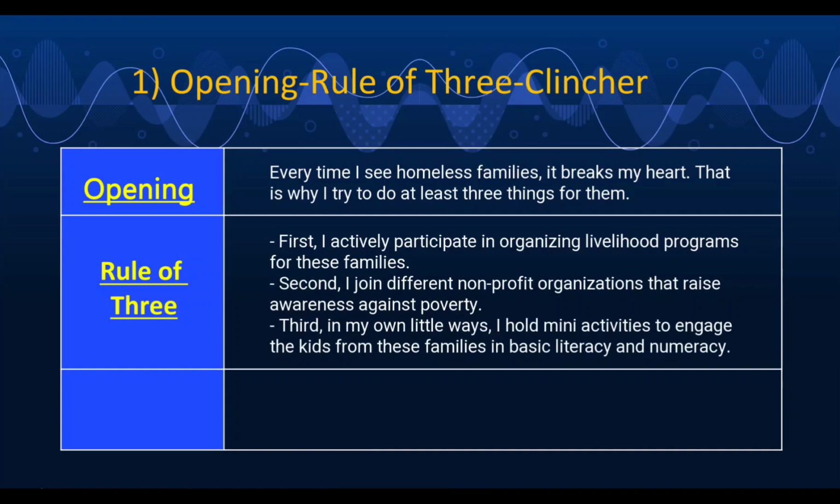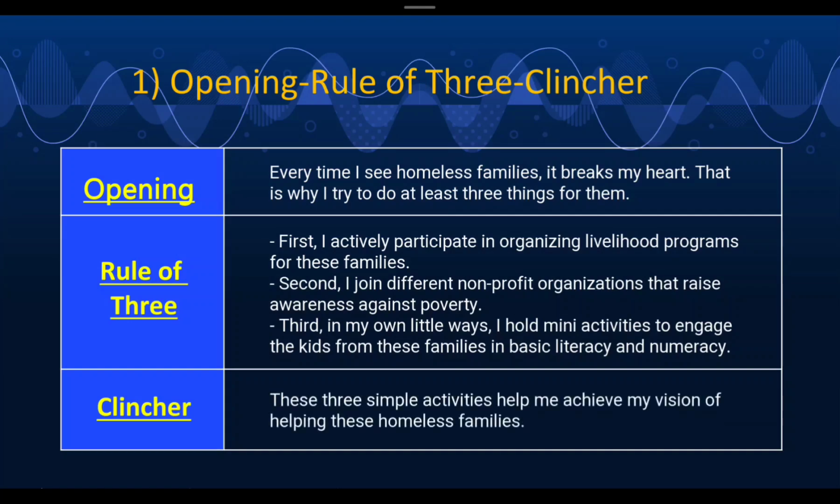Second, I join different nonprofit organizations that raise awareness against poverty. Third, in my own little ways, I hold many activities to engage the kids from these families in basic literacy and numeracy. Clincher. These 3 simple activities help me achieve my vision of helping these homeless families.